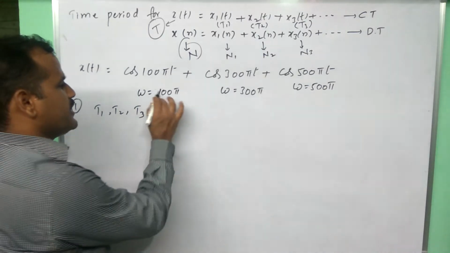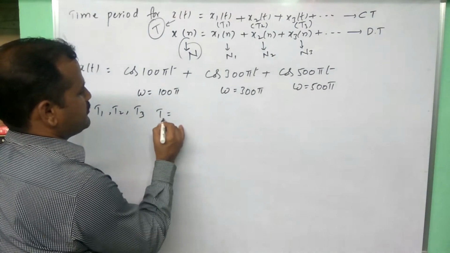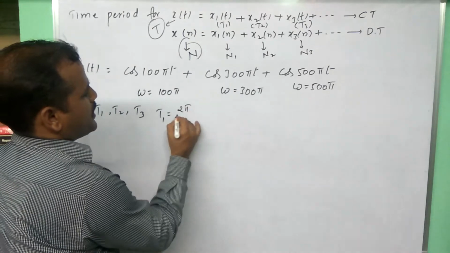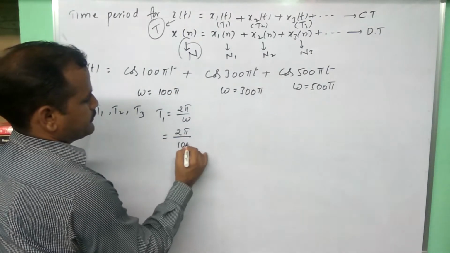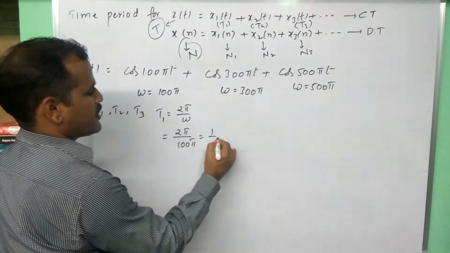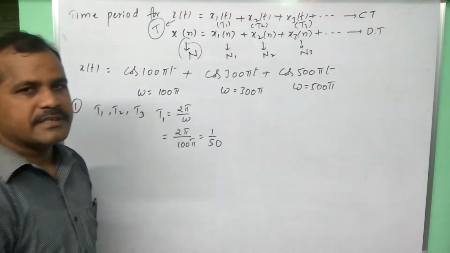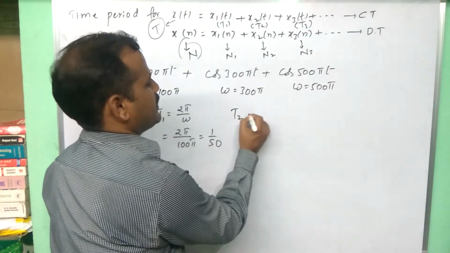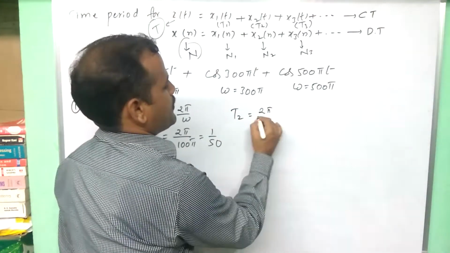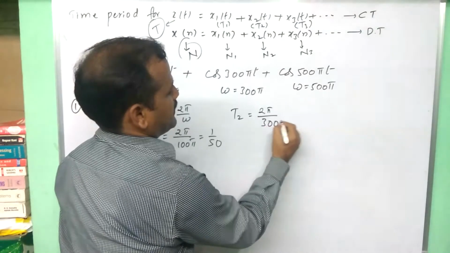Let us find the time period of this signal. Time period is equal to 2 pi by omega, that means 2 pi by 100 pi. How much are we getting? 1 by 50. Similarly, the second signal time period T2 is 2 pi by omega, that is 2 pi by 300 pi.